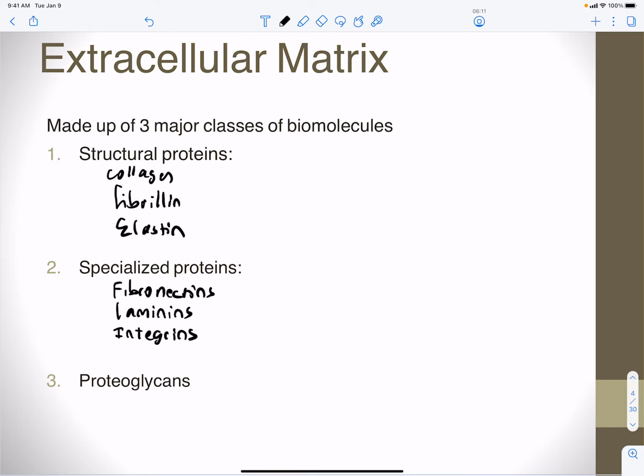And then the proteoglycans. Proteoglycans are going to have a protein core with long chains of repeating sugars. And the sugars are in the disaccharides. And so these units are what give them the name glycosaminoglycans.